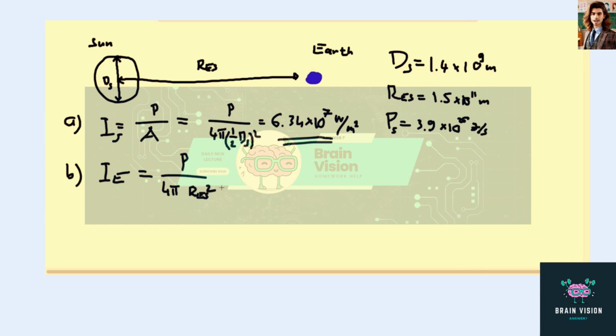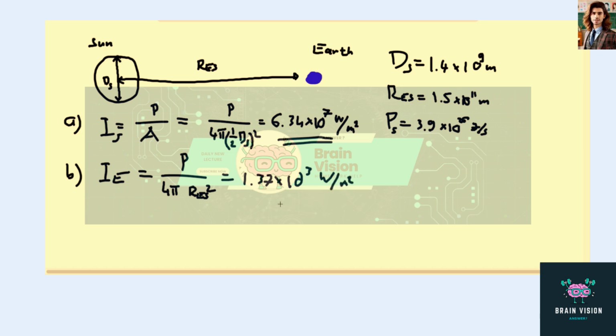squared. And so again, putting in the values here, you find that this is 1.37 times 10 to the power of 3 watts per meter squared.